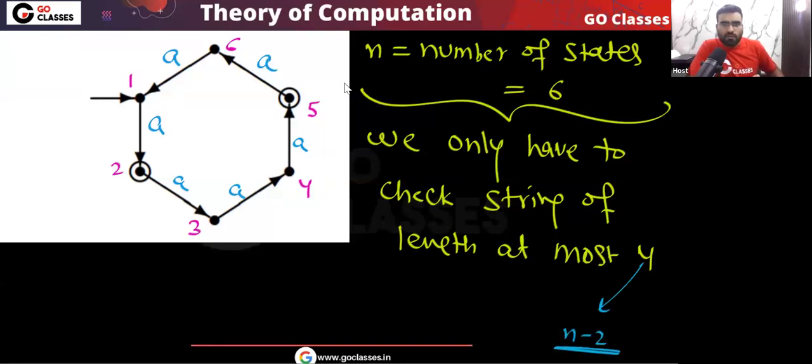At most length 4. That's it. Nothing else. Is this clear? You don't have to check all the strings. You only have to check strings of length at most 4. Is this point clear? Please tell me.